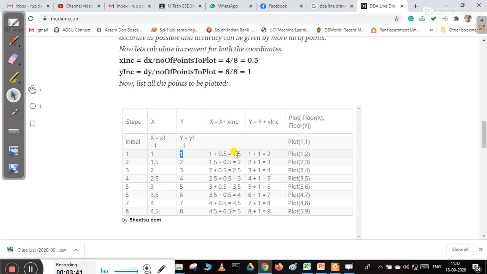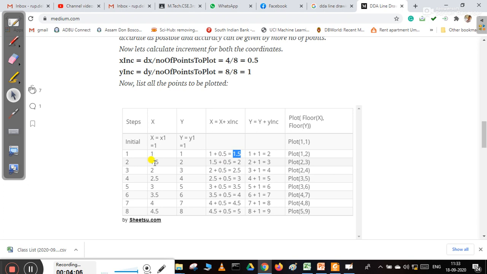So the plot becomes 1.5 and 2, but we cannot plot 1.5. That is why we need to take the nearest of them. So it might be 2 or it might be 1. We might need to take the floor of 1.5 or the ceiling of 1.5.